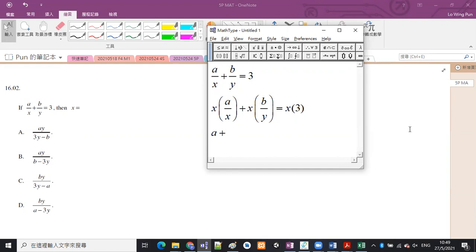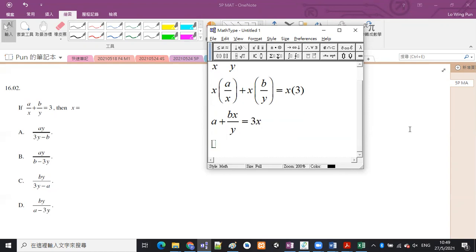So what can be done is, because it is a number multiplied to a fraction, that number should be multiplied to the top part of the fraction. So it should be bx on the top, bx and then over y. On the right hand side, just multiply x to the 3. It becomes 3x. And we still have a denominator here, denominator y.